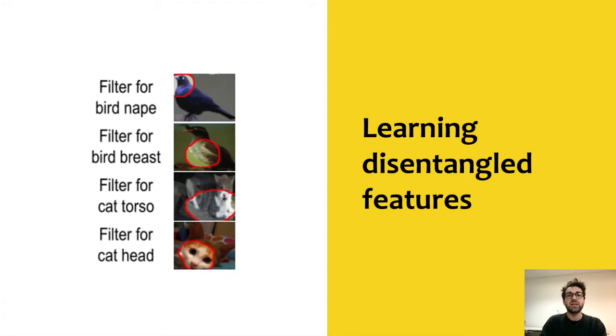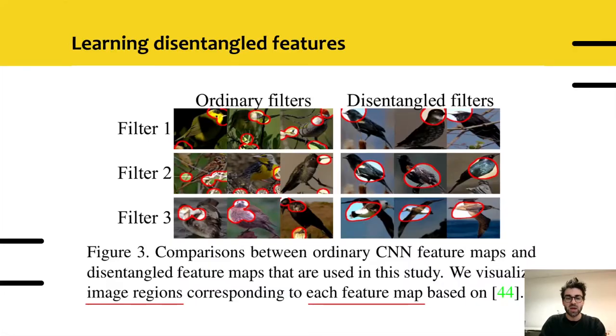So now let's start with the first task, that is learning disentangled features. Ordinary filters are those on the left of this image, and so they are activated by different object parts in the input image. What we want to reach is the disentangled filters on the right of this image.